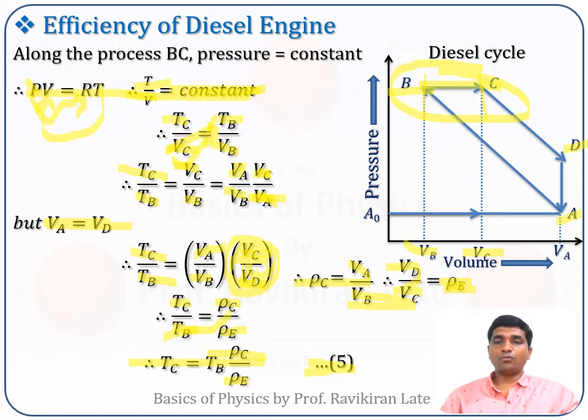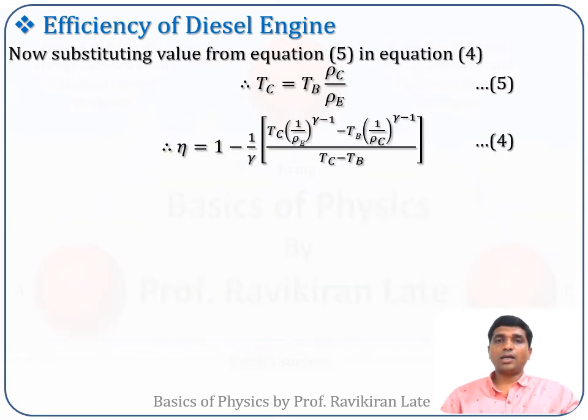Now we have equation 5, and we will substitute it in equation 4. Equation 5 is Tc equal to Tb into rho c upon rho e, and equation 4, which we derived in our earlier slide, is Tc into 1 upon rho e to the power gamma minus 1, minus Tb into 1 upon rho c to the power gamma minus 1, divided by Tc minus Tb.